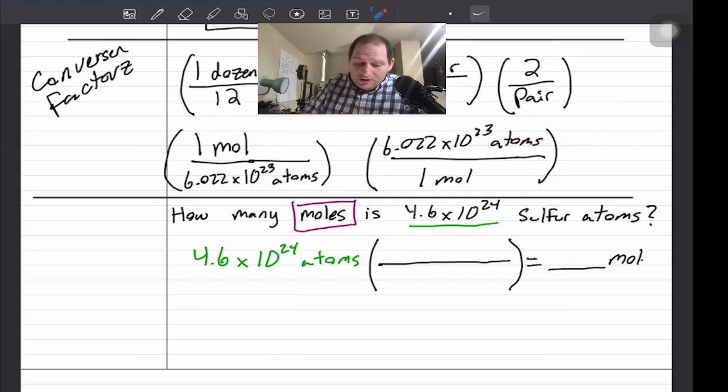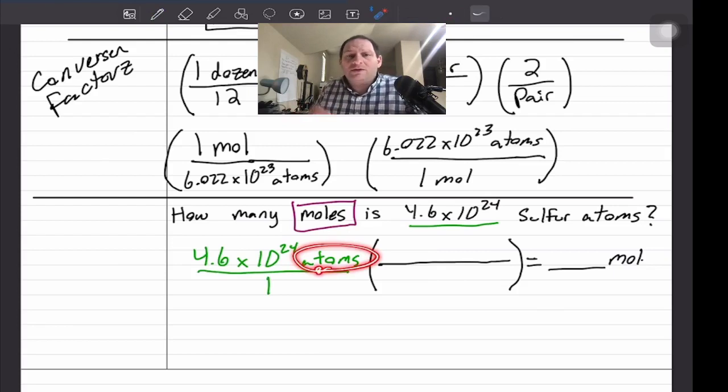This is technically the same thing as saying this over 1. I have atoms on top. If I had something on the bottom, I could cancel out. With fractions, if you have a number up here and a number down here, they can cancel. Same thing's going to happen here with units. So I have atoms on top. I want the conversion factor with atoms on bottom.